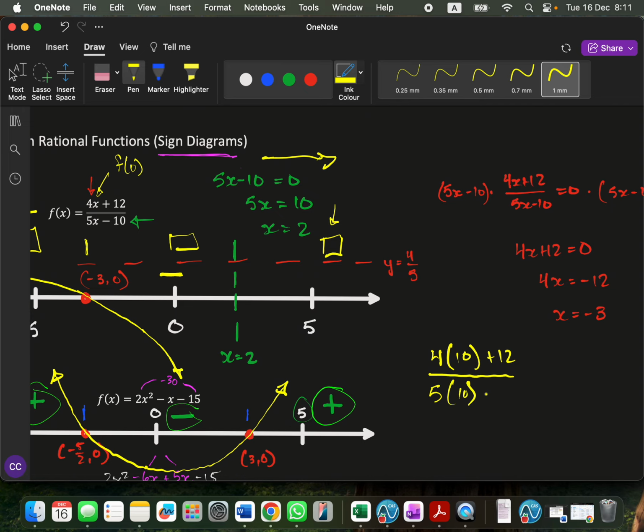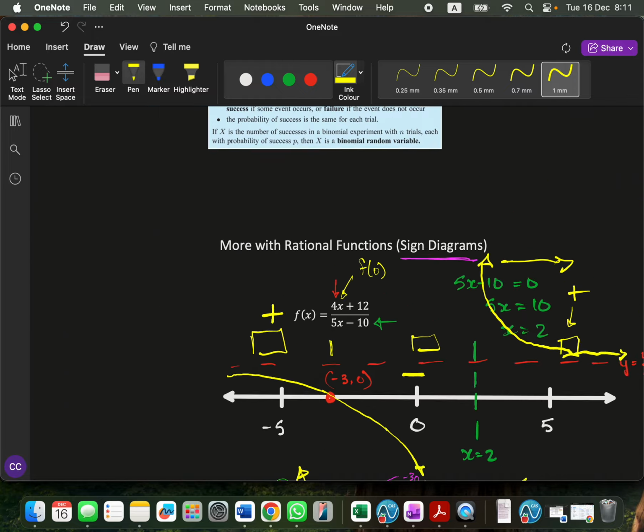Sorry, brain is foggy. All right, so if I look at that, I'd have 40 plus 12, which is 52, and then I have 50 minus 10, which is 40. Doesn't really matter what that is. All I need to know is that it is positive. So what this function, just a quick sketch of it, would look like is something like that.